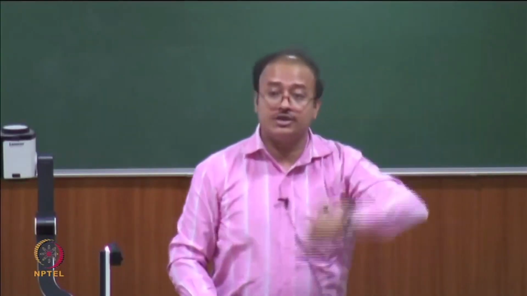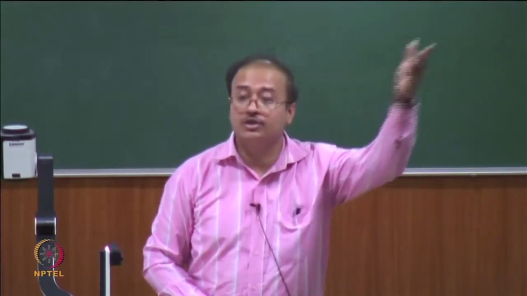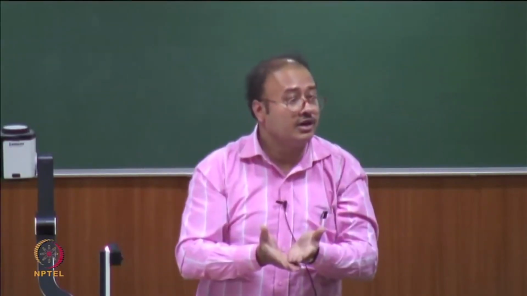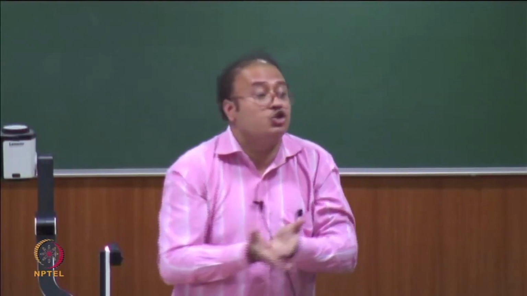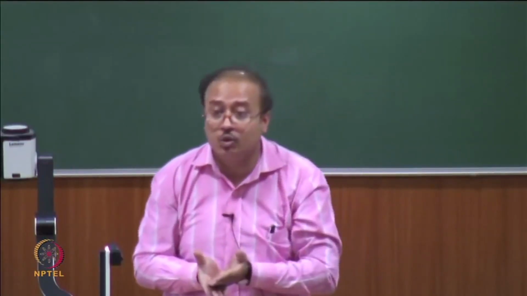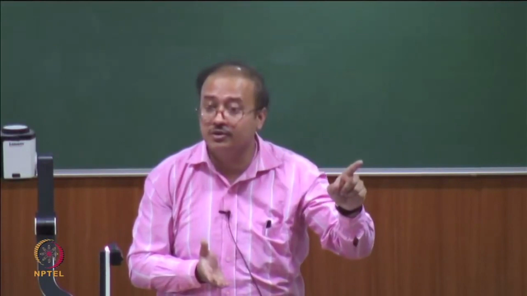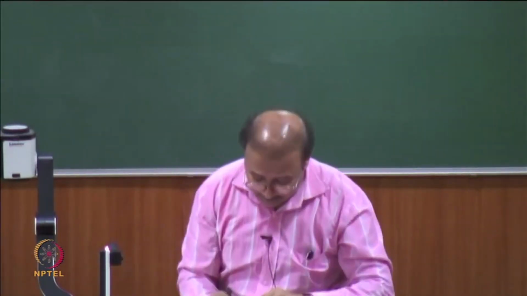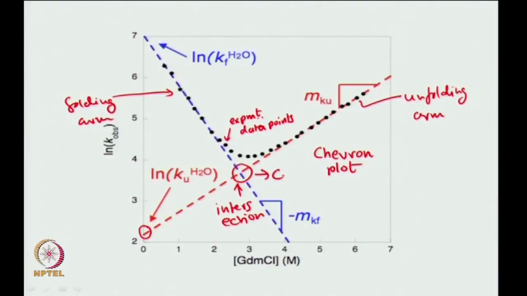I just drew kinetics on the folding arm, I just drew kinetics on the unfolding arm, I extend those, and the place where they cross, Ku should be equal to Kf, K equilibrium should be equal to 1, provided I am talking about a 2 state scenario, and hence I will be getting my Cm. So, essentially this would be my Cm.